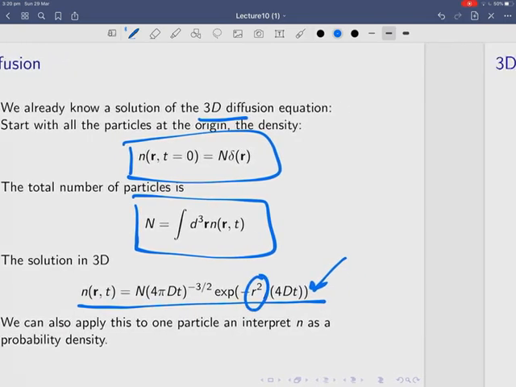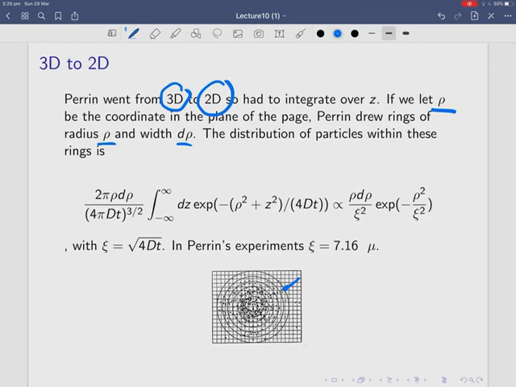Figure out what r is in terms of z and rho. So we're going from r, which is 3D spherical polar coordinates, to rho and z, and the angular coordinate doesn't matter because it's just this 2 pi business that's integrated over. And so here's the volume element in 3D for cylindrical coordinates, 2 pi, well, it's d phi, rho, dz.